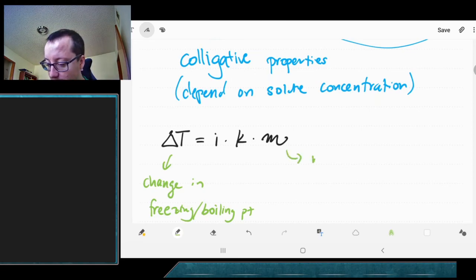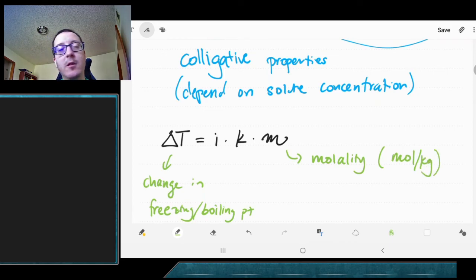We have the molality of the solution, which is going to be moles per kilogram. And then we've got two special things. We have K, which is going to be a constant, and that's unique for each solvent.